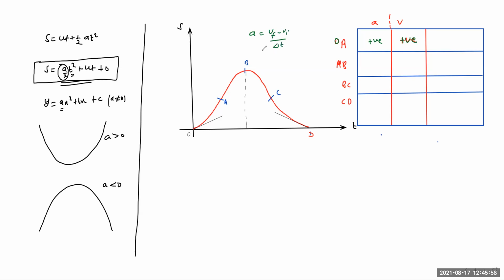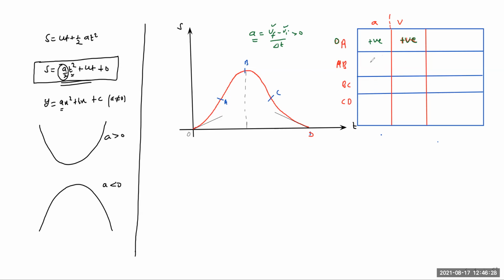So you can take two small intervals and check that V final is always more than V initial, so the difference is positive, and so A is positive. It is clear. So from O to A, we have realized that A and V both are always positive. Can you believe that? If yes, then we can say if the sign of A and V are the same, it is accelerated. Okay, in fact, I should discuss this also.